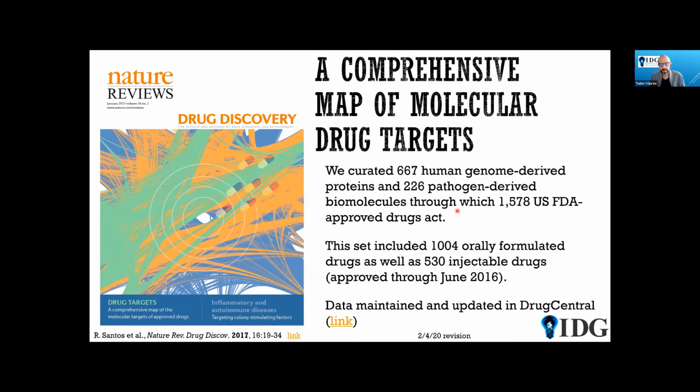And even though this compilation is widely cited, we're still not 100% sure that it represents what people would call the absolute truth. And the reason for that relates to the difficulty of ascertaining that a specific target is actually how the drug works.